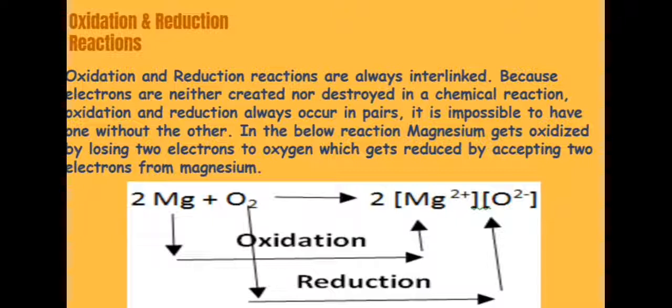Example is magnesium gets oxidized by losing 2 electrons to oxygen, which gets reduced by accepting 2 electrons from magnesium. So vice versa lang po. Yung binawas ng magnesium na electrons to oxygen ay pinapalitan po by accepting 2 electrons from magnesium.